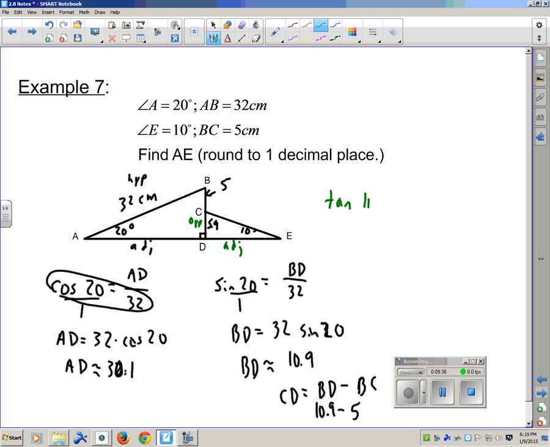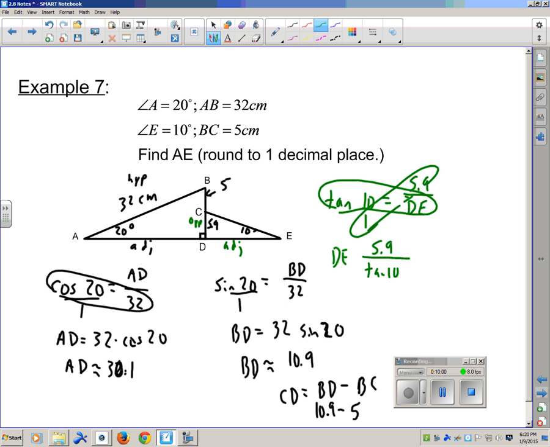So the tangent of 10 is equal to the opposite over my adjacent, which I don't have, and I'm going to call this DE. So using my cross products, DE ends up being 5.9 divided by the tangent of 10.